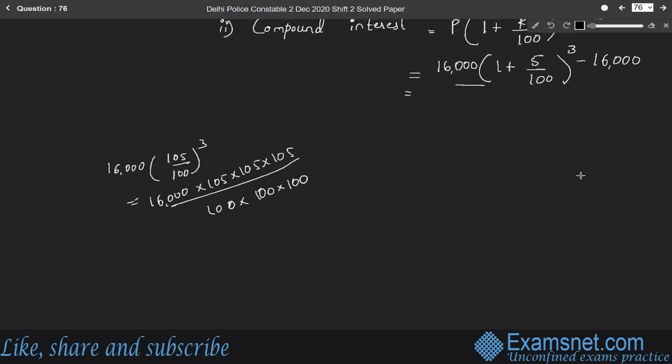We can cancel, or we can take 16,000 common also. After simplification, 16,000 into 1 plus 5 by 100 to the power of 3 minus 16,000, this whole part is equal to 2,522 rupees. So compound interest is this much.